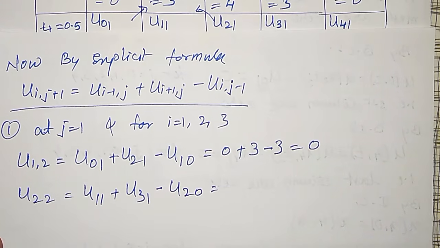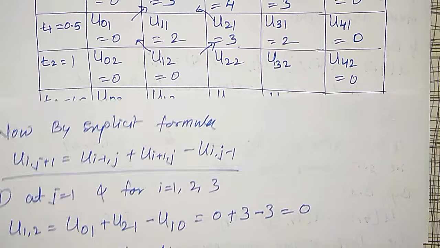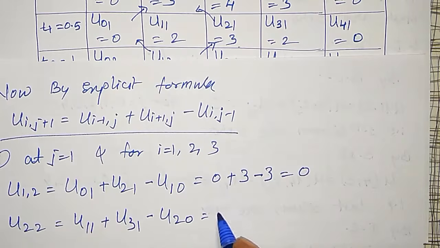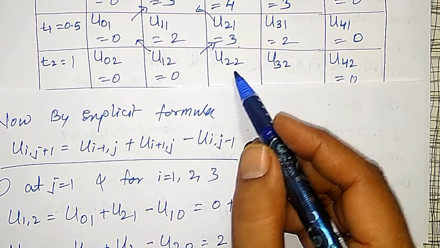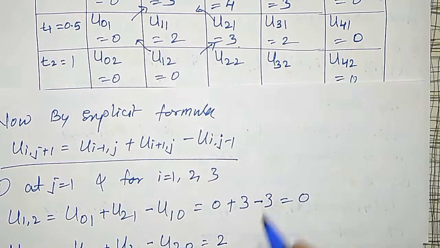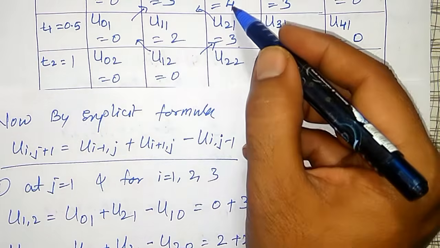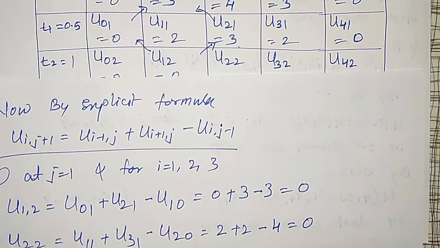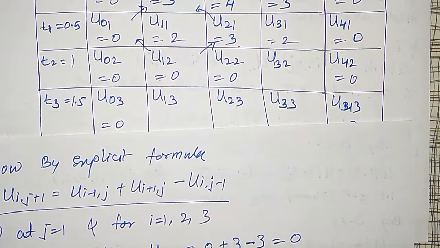And from the table you can go through this, that I am going to get the u11 element. To find out u22, its diagonal element u11 is 2. And u31 is 2, plus 2 minus these diagonal elements is nothing but 4, which is also equal to 0. Therefore this is also equal to 0.